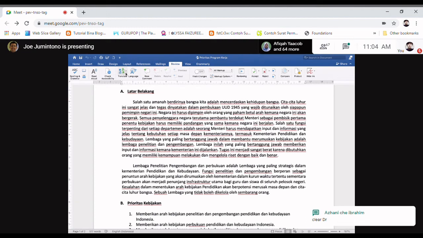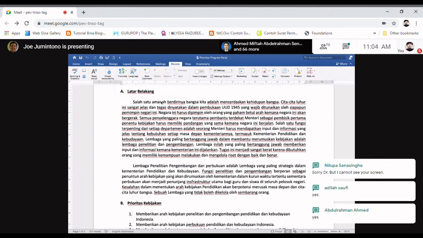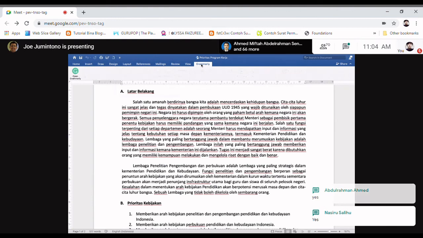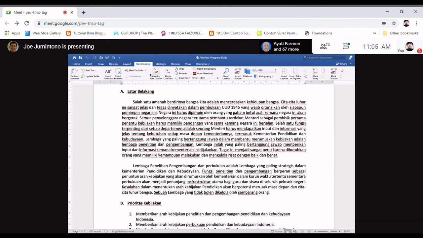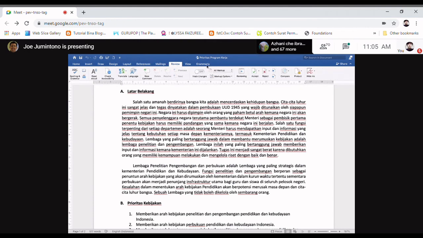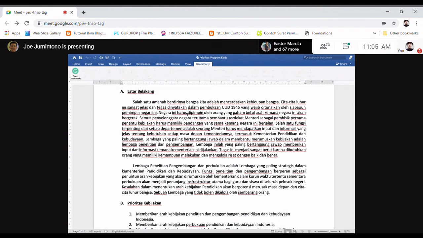Review, and this one is Translate. The last one is Grammarly. The Grammarly here is already added in Microsoft Word, or Microsoft Office, here. Once again: Mendeley, Review, Grammarly. Okay, references, Review, Grammarly.